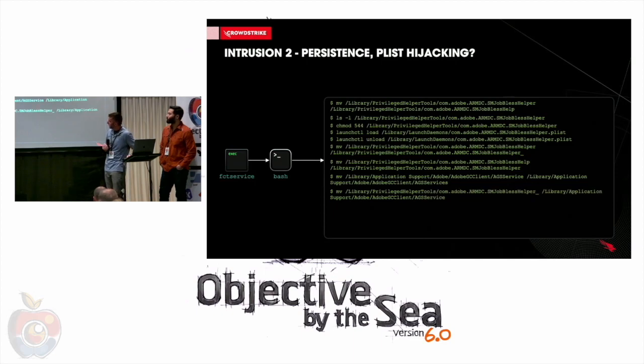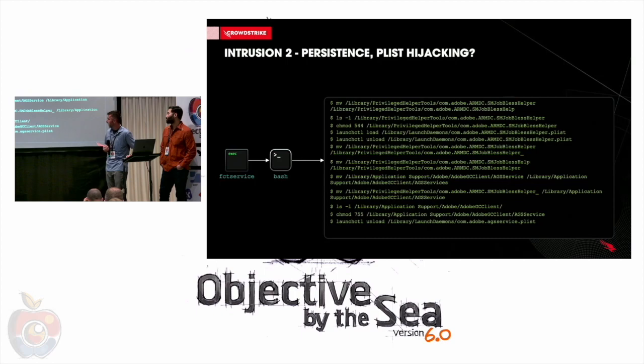And then they take their implant, which is sm jobless helper _ at this time, and move that to AGS service. And check to make sure it's there. They make sure it's executable. And then they unload and load the AGS service plist, which is now a legitimate plist, but it's configured to launch their implant.